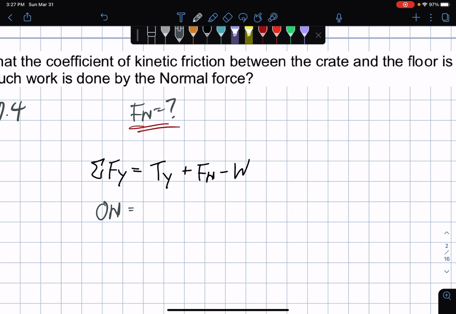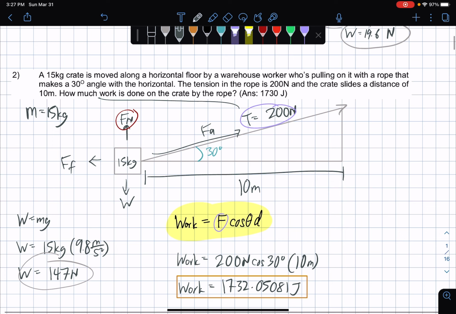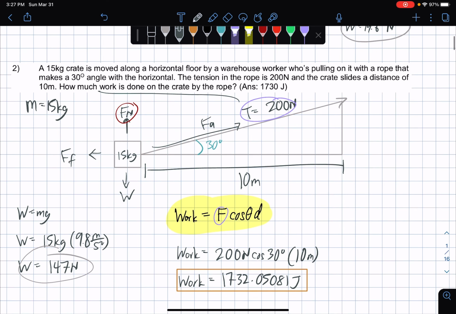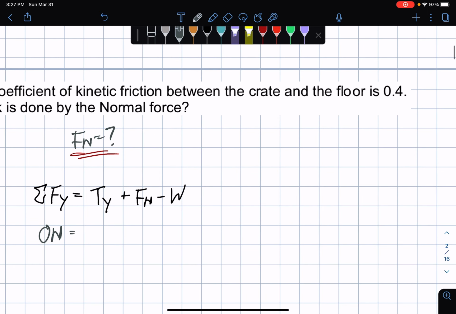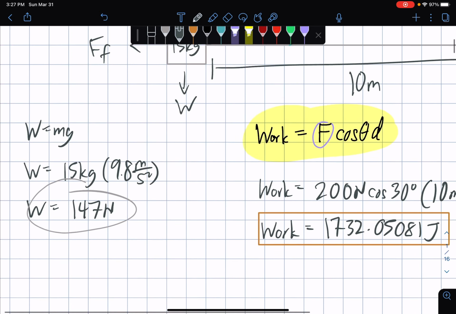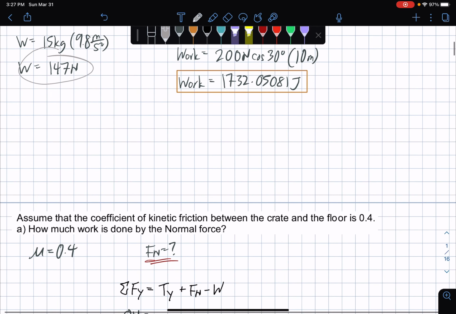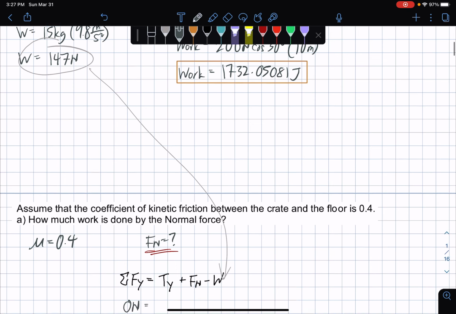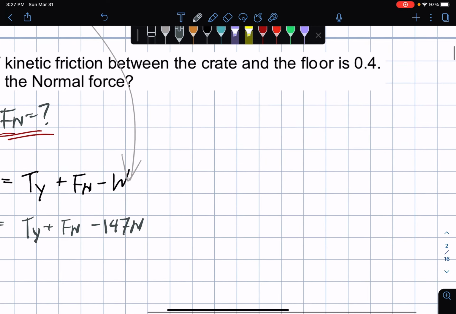So for Ty, do we have any other value? Ty is also missing. But we do have the weight value, which is this one. So this is where our weight value comes in handy. So our intention is to find Fn, but we're missing Ty. So we have to look for Ty first.